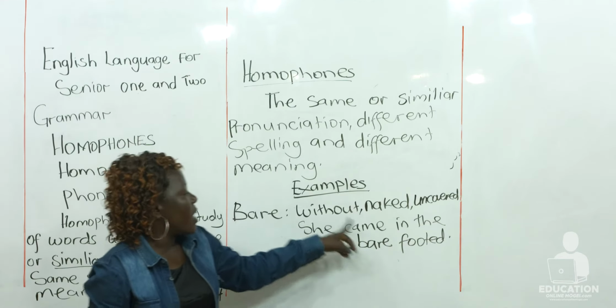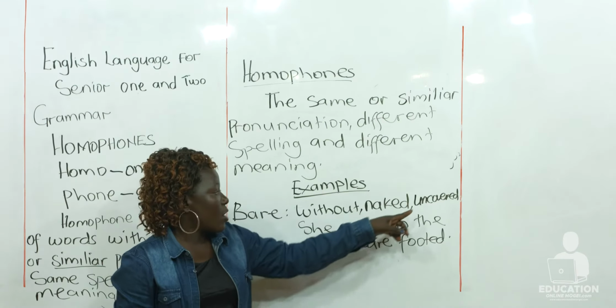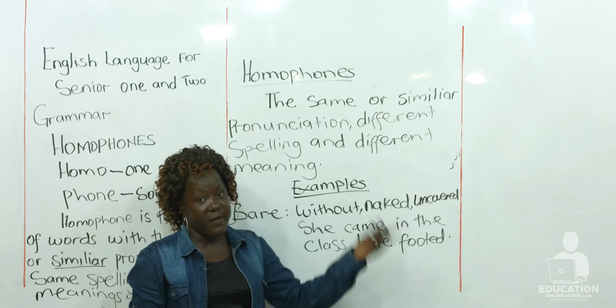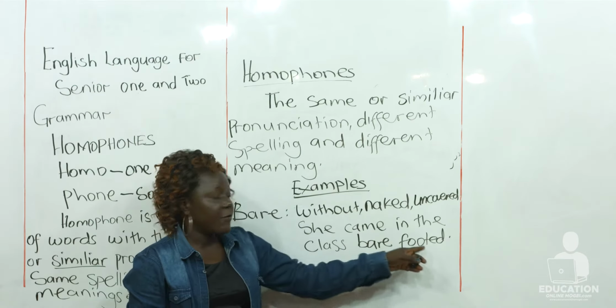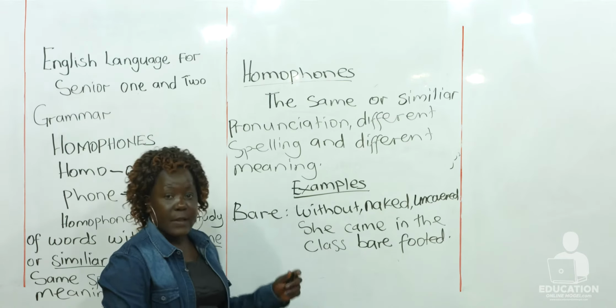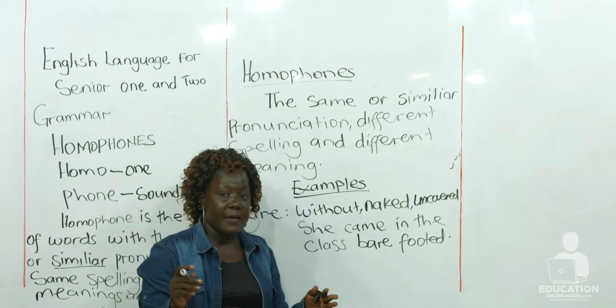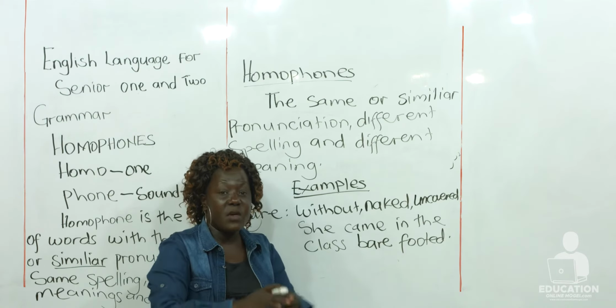Without, meaning without shoes or without stockings. Or the feet was uncovered. So you can say she came in the class barefooted. You can also say that land is bare. It means it has nothing in it. It is not covered.